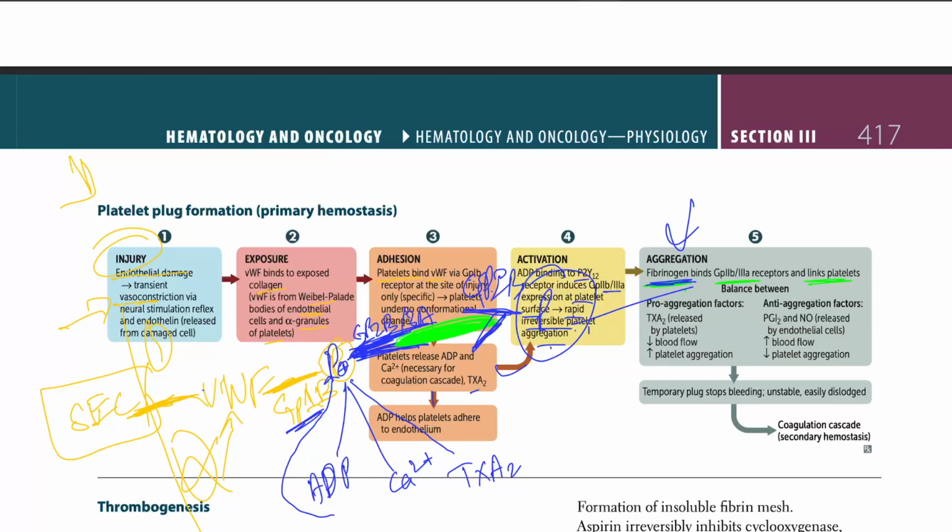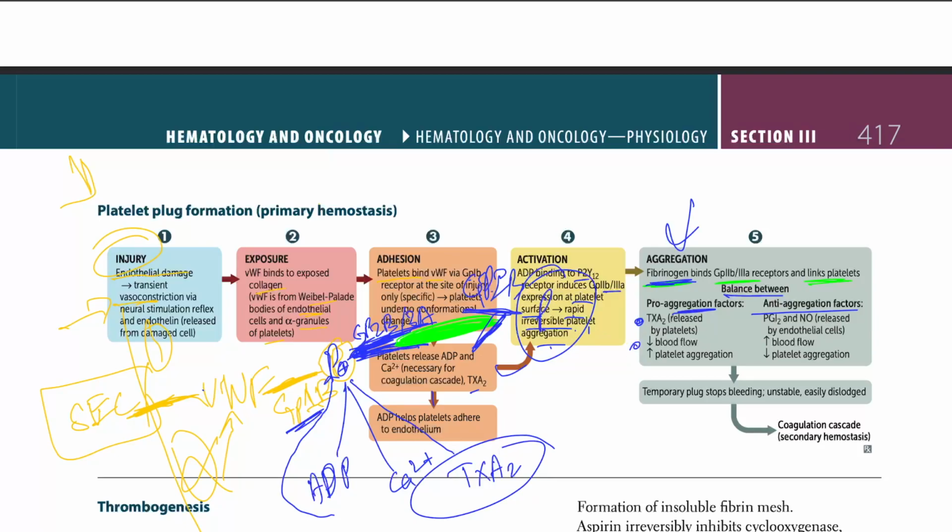Now we should have some factors. There's a balance between the aggregation factors and the anti-aggregation factors. The things that promote platelet aggregation are thromboxane A2, which is released from platelets, and decreased blood flow.